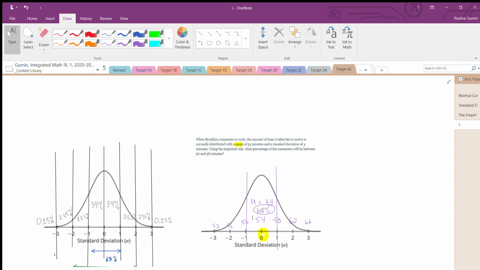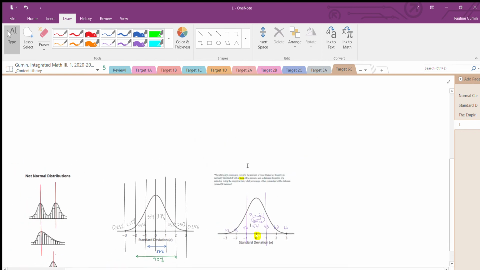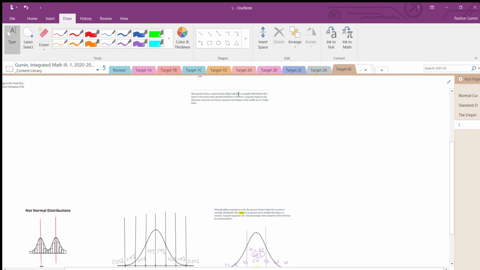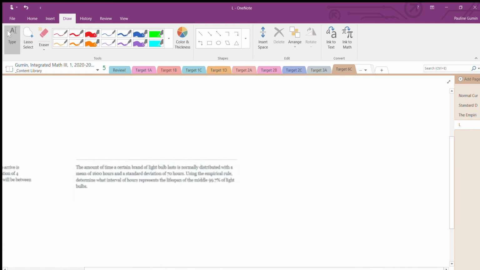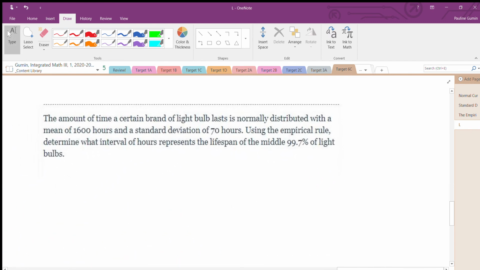Something to think about. Let's continue to this problem, which I'm going to drag down. There it goes. Okay. The amount of time a certain brand of light bulb lasts is normally distributed with a mean of 1,600 hours.